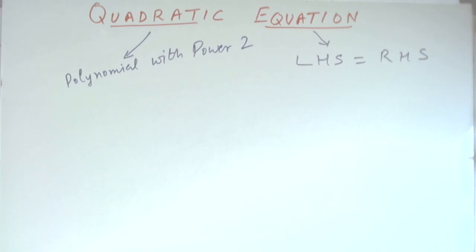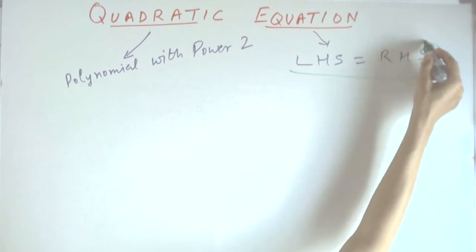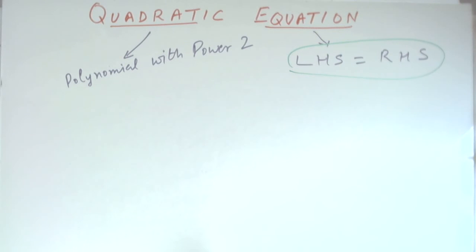So what we understand is, quadratic equation is having the left hand side equal to right hand side format, which is what the equation normally means, and then it is an algebraic polynomial with power 2.